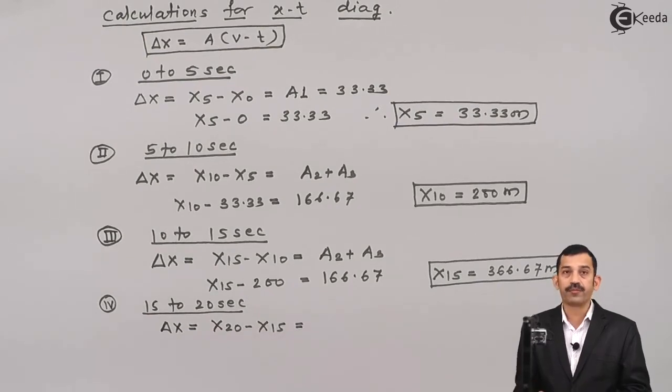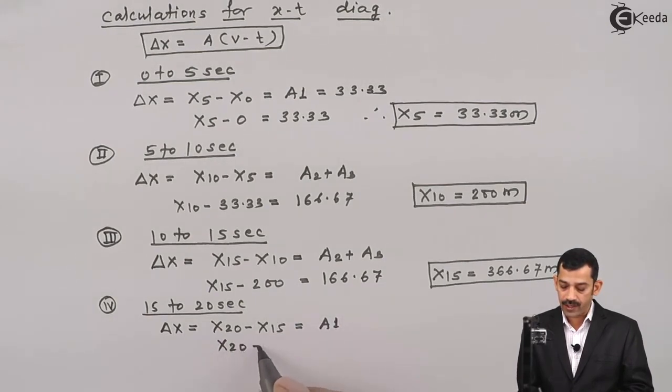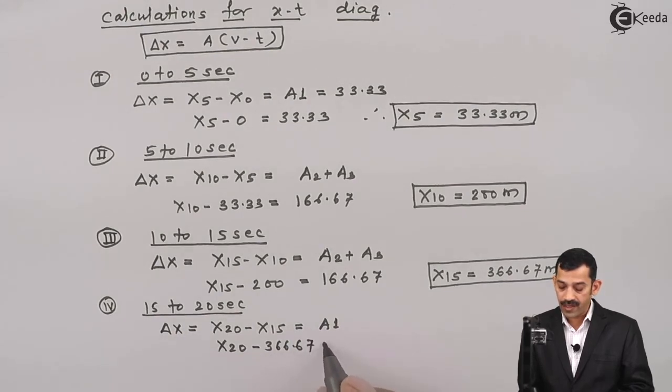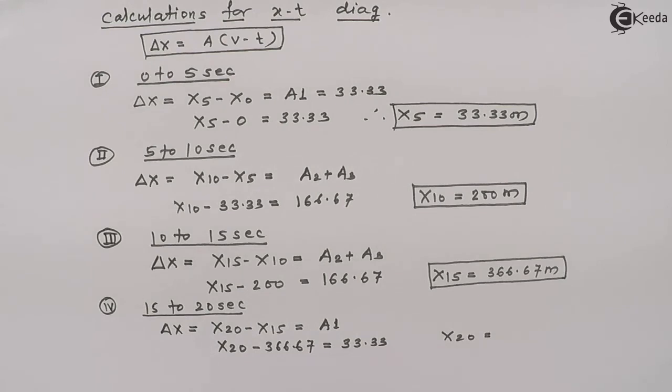From 15 to 20 seconds the area is A1. If we substitute what you calculated, x15 is 366.67 and area A1 you already calculated, it is 33.33. That means x20 equals 33.33 plus 366.67, which comes out to be 400 meters.